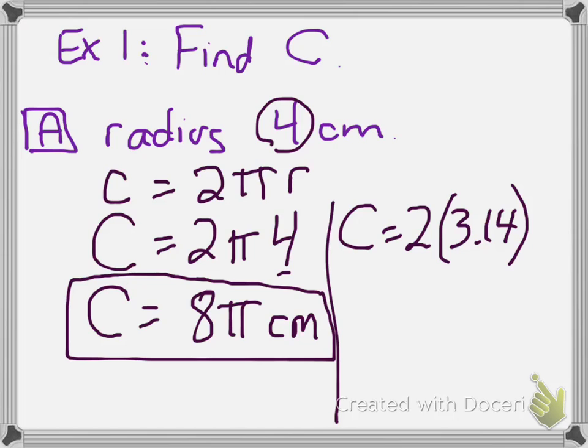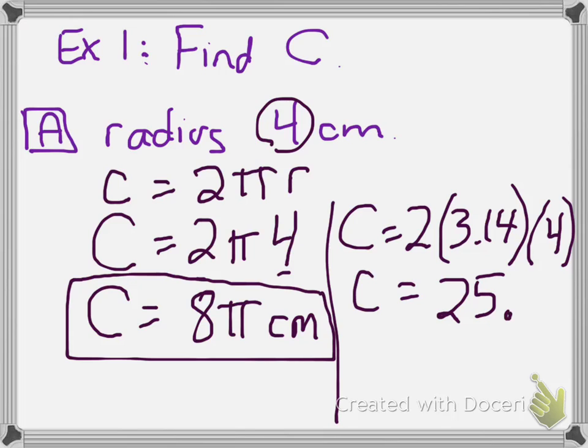Now, we'll also be solving using 3.14 as our pi. So let's do the second part now. Set circumference C equals 2 times 3.14 times 4. Circumference equals, well, 2 times 4 is 8, times your 3.14 is 25.